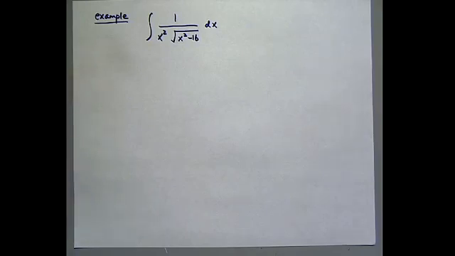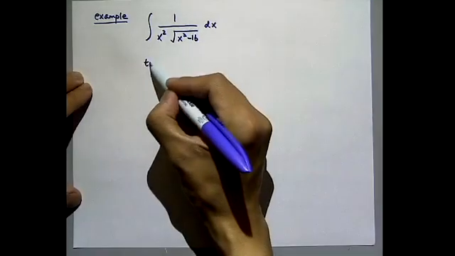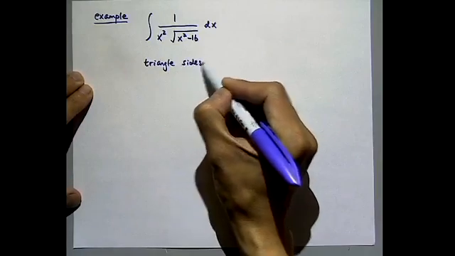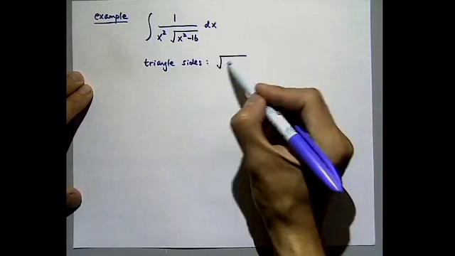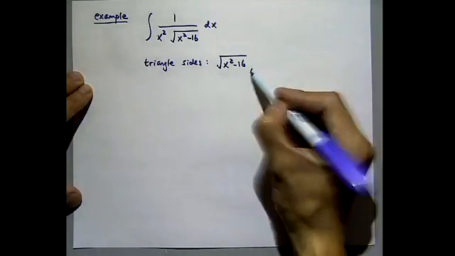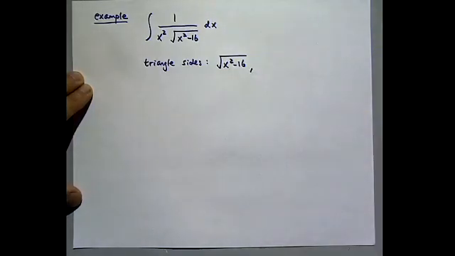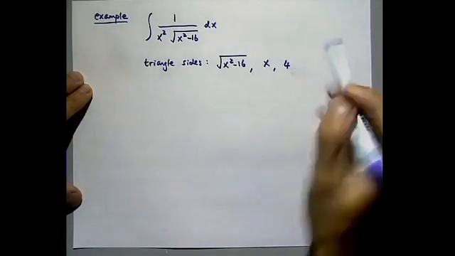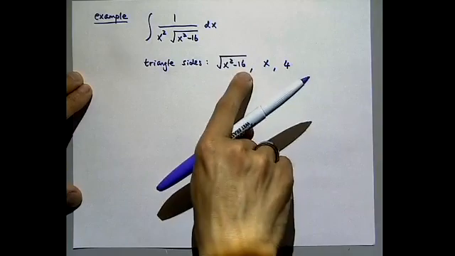Right away, you look at the radical part. Use that to form a triangle. So that's one side of the triangle. The remaining two sides are what? Right, x and square root of 16.